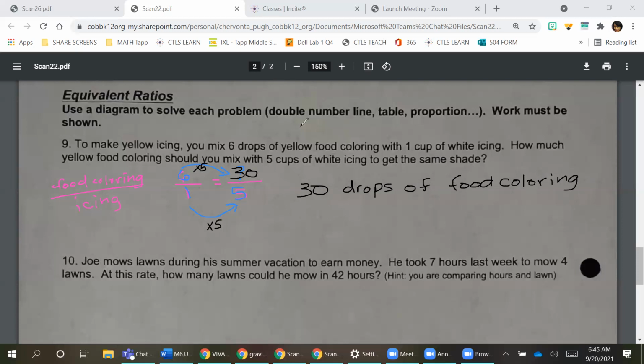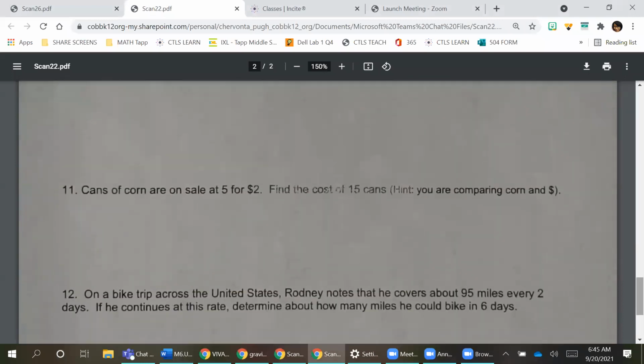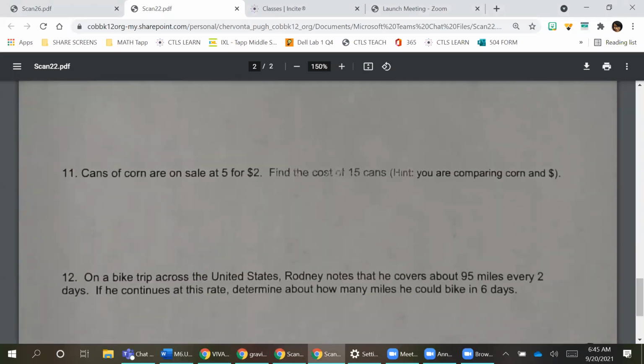All right. Now I'm going to clear this. Let's look at number 11. Cans of corn are on sale at $5 for $2. Find the cost of 15 cans. And it gives you a hint here for this one.